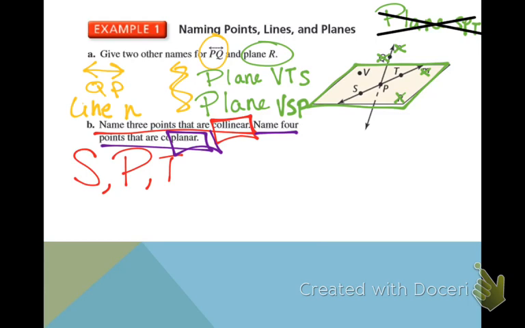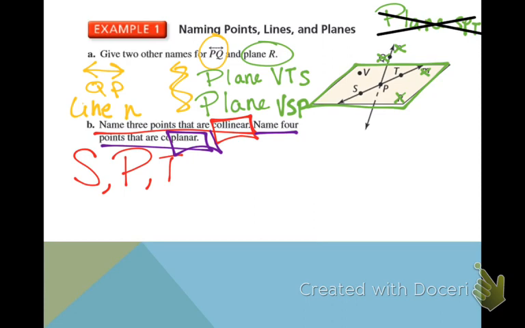Can someone show them their notes so that he can tell us what coplanar means? Andrew, do you have it written down? Can he read it off of your paper? That's collinear. Coplanar with a P. Plane. Good. So help me name 4 points that are on the same plane.